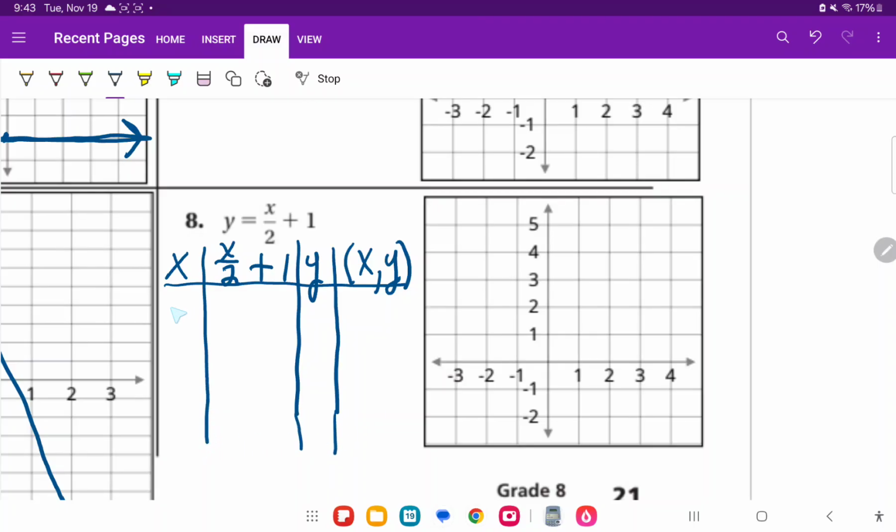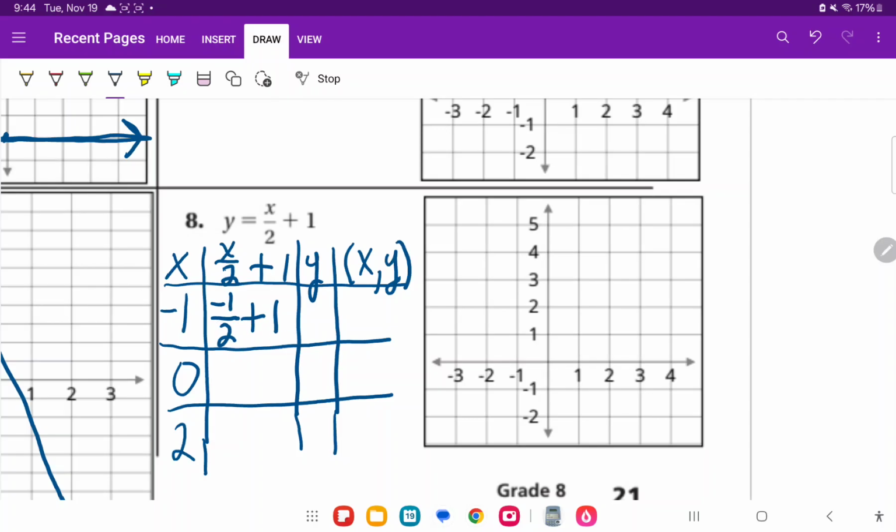Now, I'm going to use the same ones, -1, 0, and 2, like that. So right here, you would go -1 over 2 plus 1. If we switch to our calculator, it's -1 over 2 plus 1.